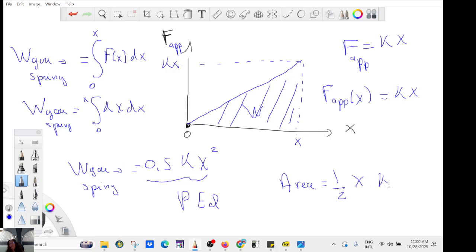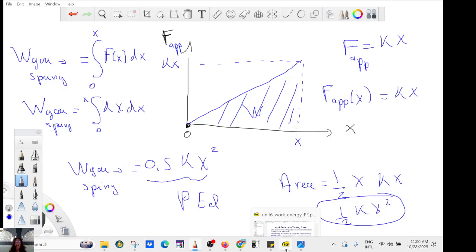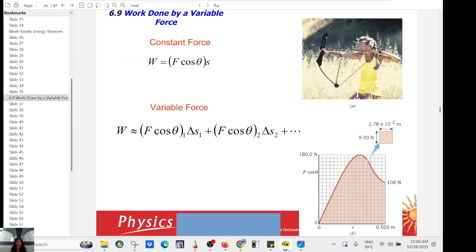So kx here, and you get the same thing, 1/2 kx squared. Is that clear? So if you have force as a function of x displacement along the x, all you have to do to find the work done is to find the integral, the area under the graph. Okay, it's not that too hard.